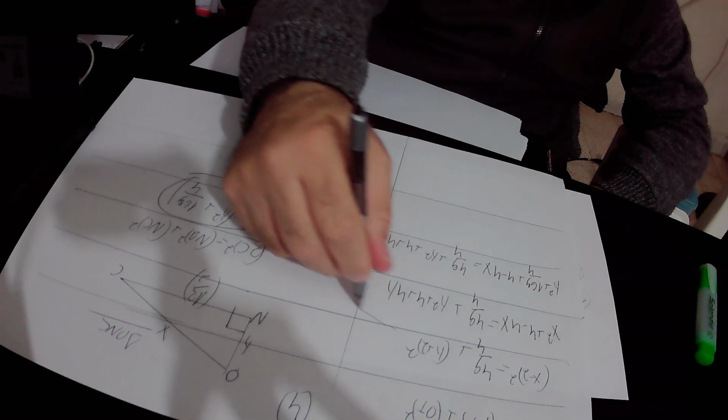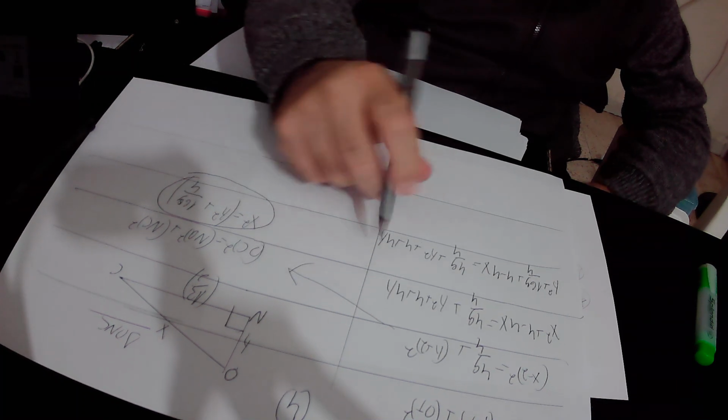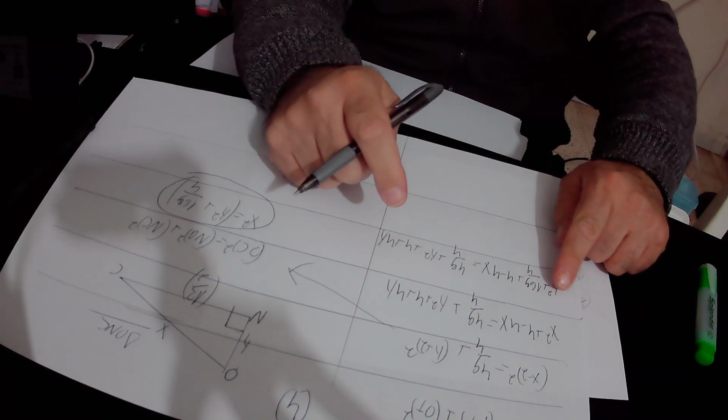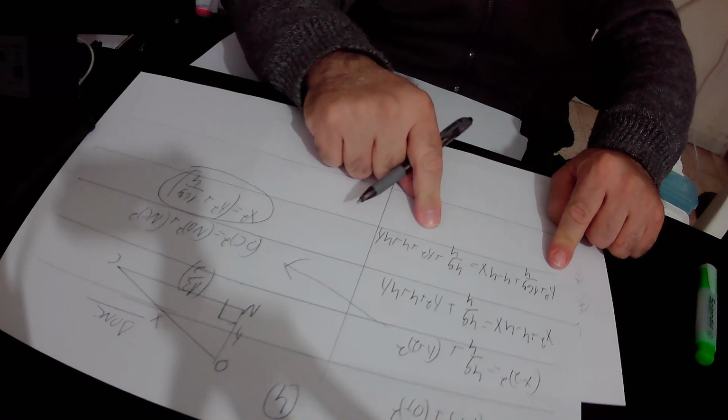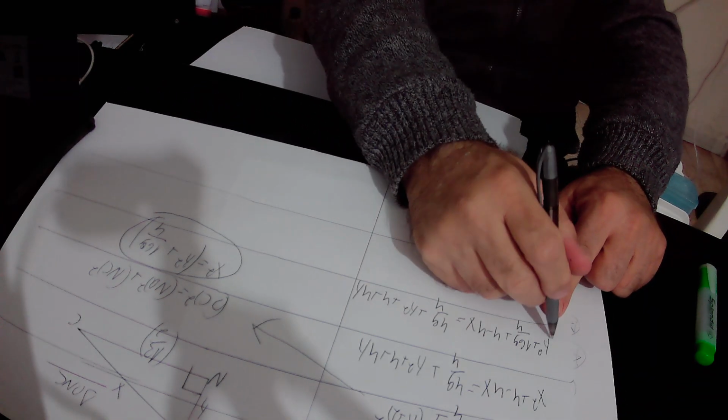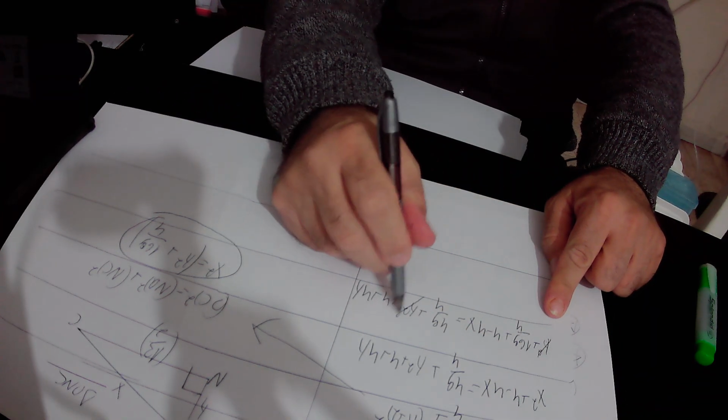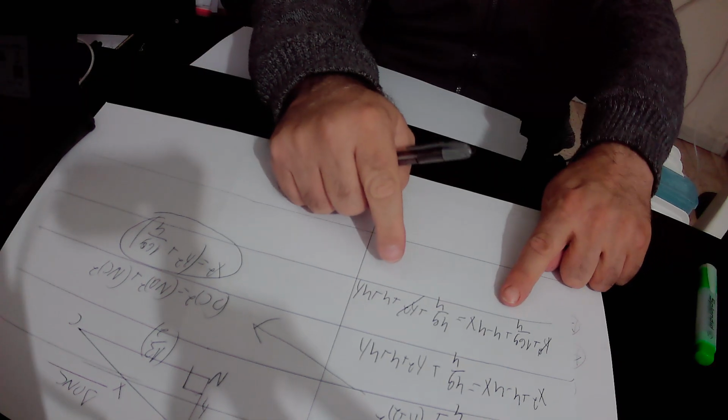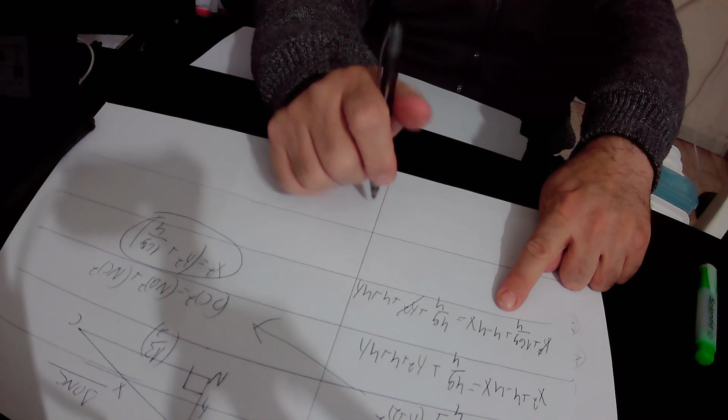So here we have h square on both sides of the equation, so h square will get cancelled. We have 4 on both sides of the equation, so 4 also will get cancelled.